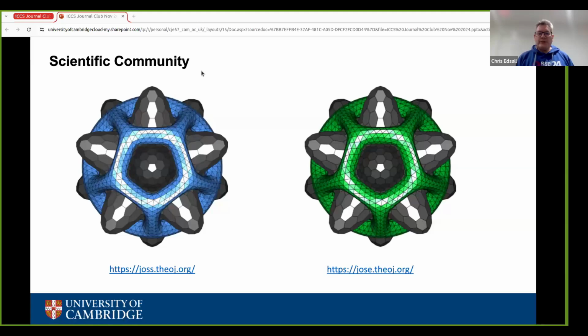On the right in the green is a sister journal to JOSS, JOSE, the Journal of Open Source Education. And one of the roles of research software engineering is training. So I tell my team that RSE is about continually learning and also continually training, continually telling other people what you have learned.